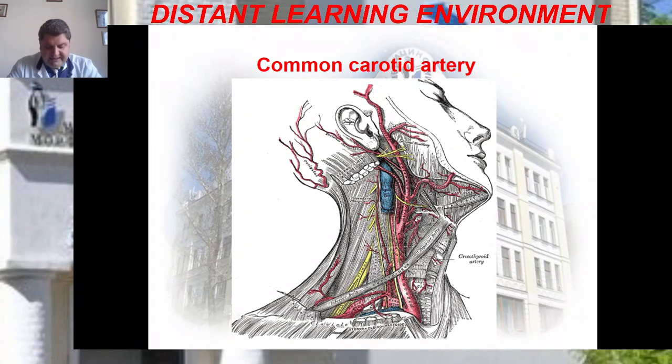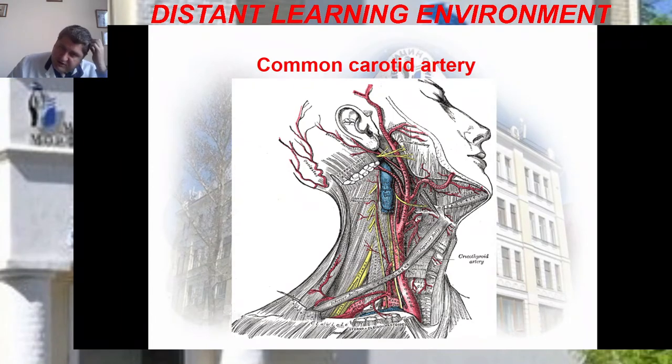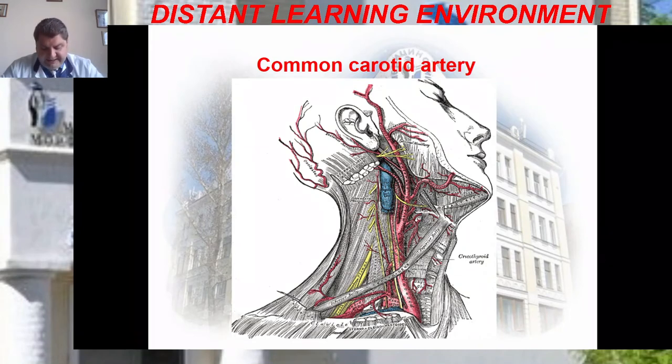To arrest bleeding, the common carotid artery is pressed to the tuberculum caroticum of the sixth cervical vertebra, at the level of the inferior border of the cricoid cartilage of the larynx.